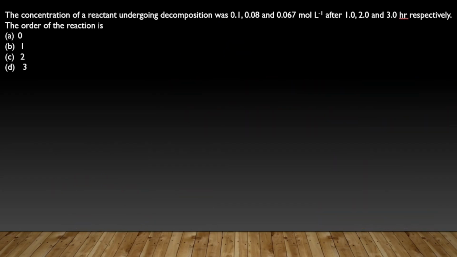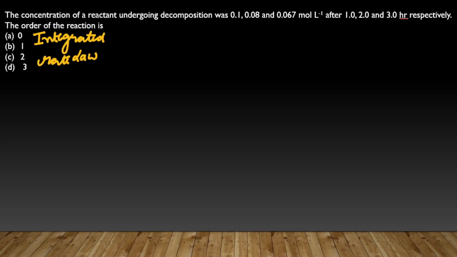Next we have this question: the concentration of the reactant undergoing decomposition, this data has been given after the time of 1 hour, 2 hours and 3 hours respectively. What is the order of this particular reaction? To solve this question, you have to use the integrated rate law expression.